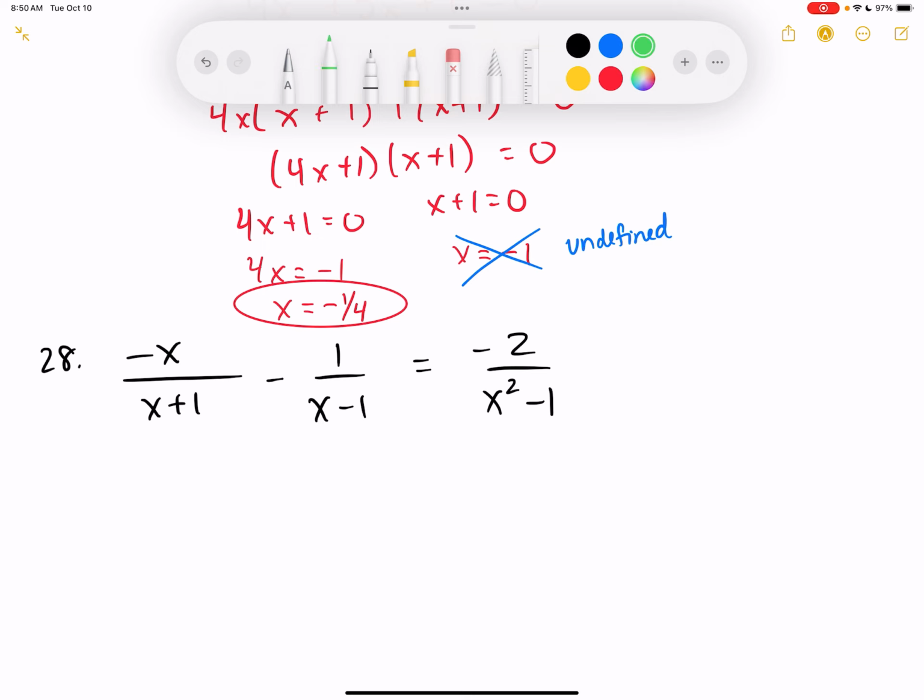It's a special type. So what does it factor into? Yep, x plus 1, x minus 1.